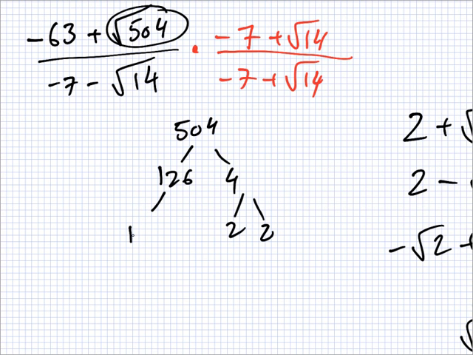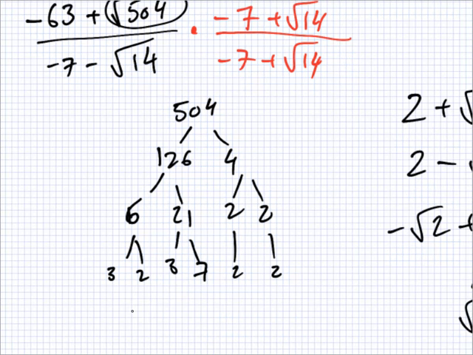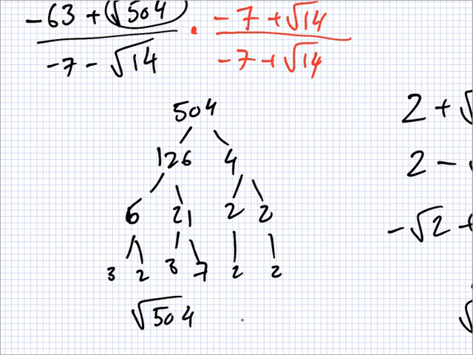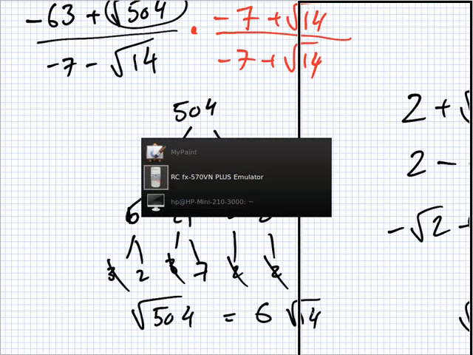And that will be 6 and 21. Which is 3 and 7. Which is 3 and 2. Which is 2 and 2. So root 504 will be 6 root 14. Let's test it out.